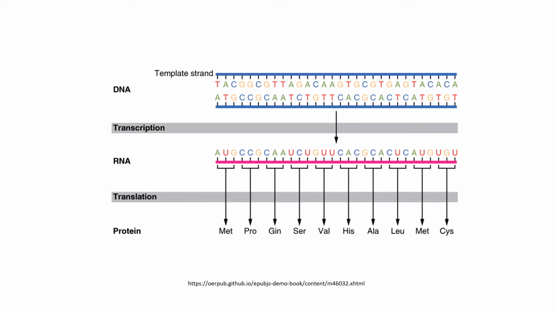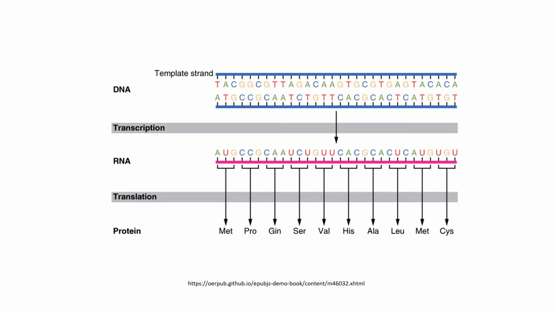I'll just remind you very quickly that we said that the DNA is a double helix, two complementary strands made up of a four-letter code, which are the DNA bases, T, A, C, and G, and that they are transcribed to RNA, and that four-letter alphabet gets divided into three-letter words known as codons that specify the amino acids.